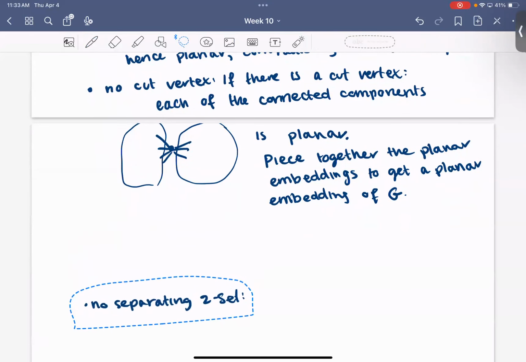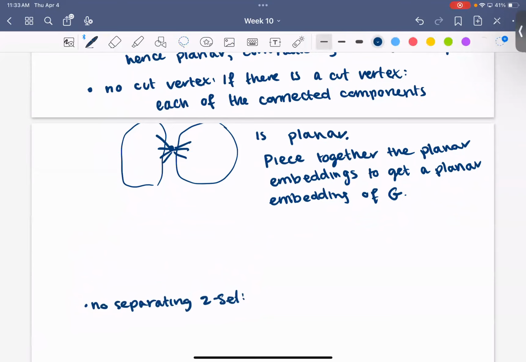So maybe let's do an example. Let's say I had one component like this, another component over here.